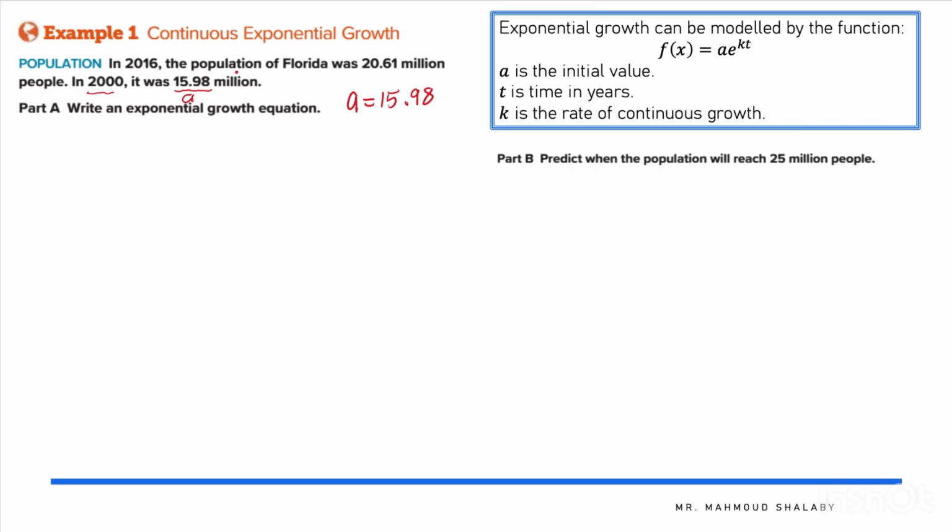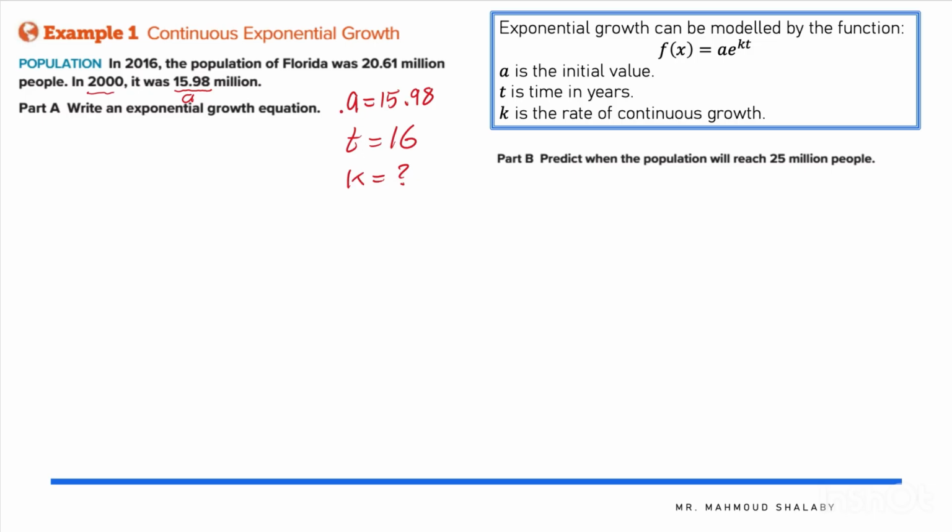I have something which is not mentioned directly, t, the time in years, because the question says from year 2000 to 2016. How many years is the difference between these two years? Of course it's 16, so t equals 16. What about k, the rate of continuous growth? We don't have it, so we will put a question mark.